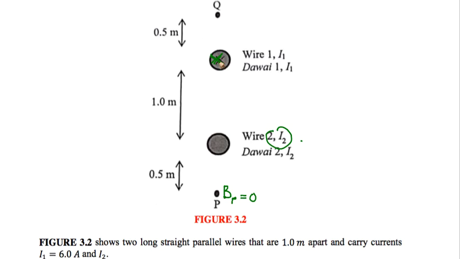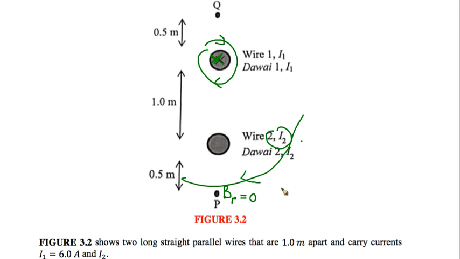So if you use the right hand, with the current flowing into the page, the direction of B is like this. So the magnetic field B from wire 1 at the point P points to the left, right?